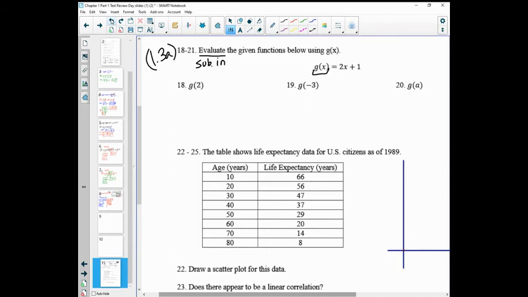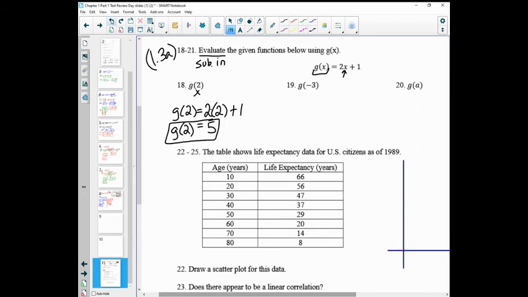So on question 18, I'm going to take 2 and substitute that in everywhere that I see an x in my function. So in place of x, I'm going to put 2 and simplify that on down. 2 times 2 is 4, plus 1 is 5. So g of 2 is 5, simply by substituting in 2 for x.